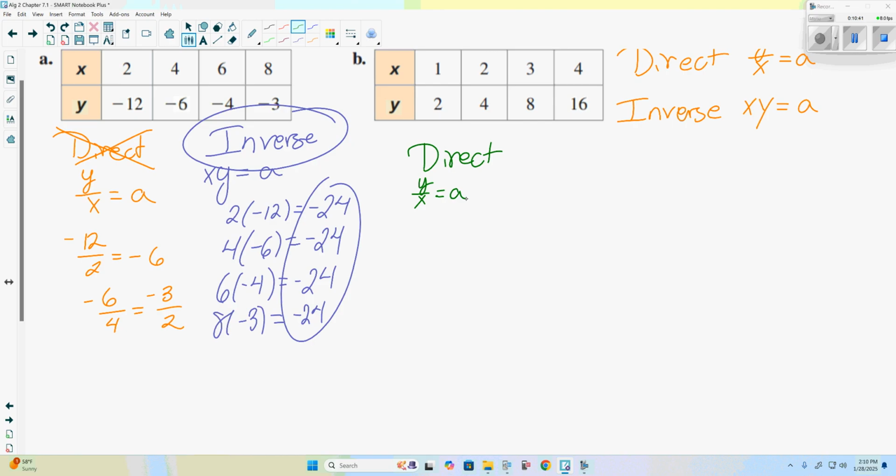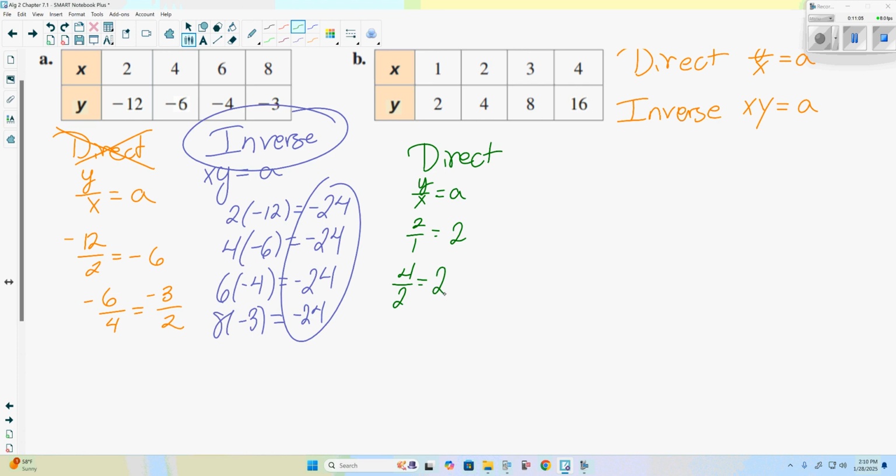Any questions on A before we look at B? So we can look at B. So direct, y over x equals a. So we can start off with 2 divided by 1, which is 2. The next one would be 4 divided by 2, which is, well, this looks like it should be inverse, yes?